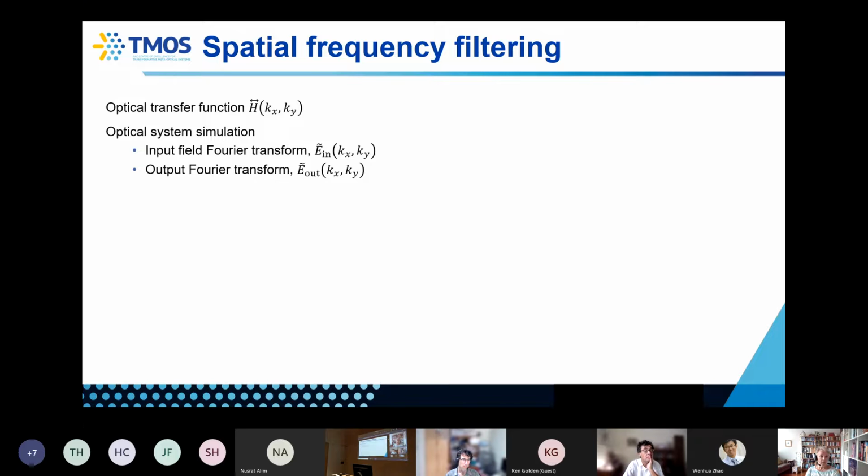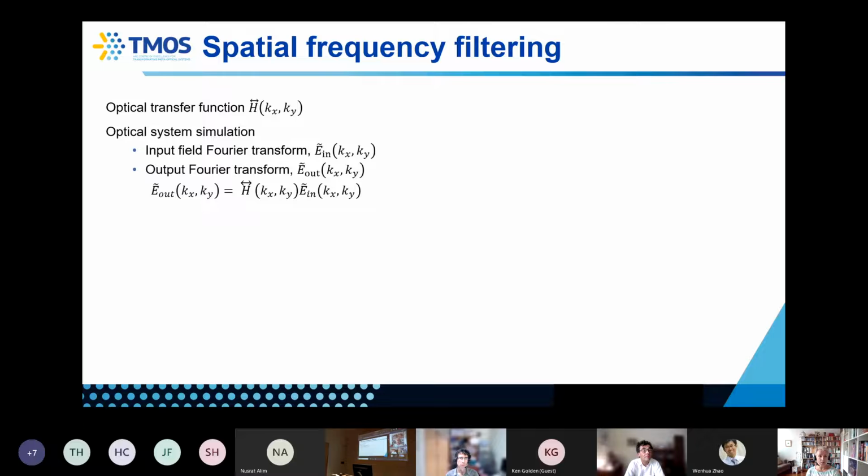Now, we would have an input field, and you would take its Fourier transform, and the output field would have a Fourier transform that is related to the input just by multiplying it by the transfer function. Now, I should say in a system which is scalar, this function is a scalar function, but when one is looking at systems where polarization is important, and a lot of the devices that we're looking at do fall into this category, the transfer function is actually a tensor.